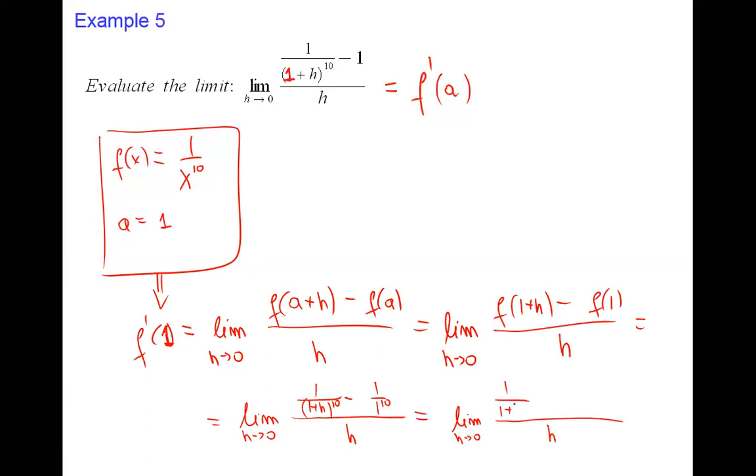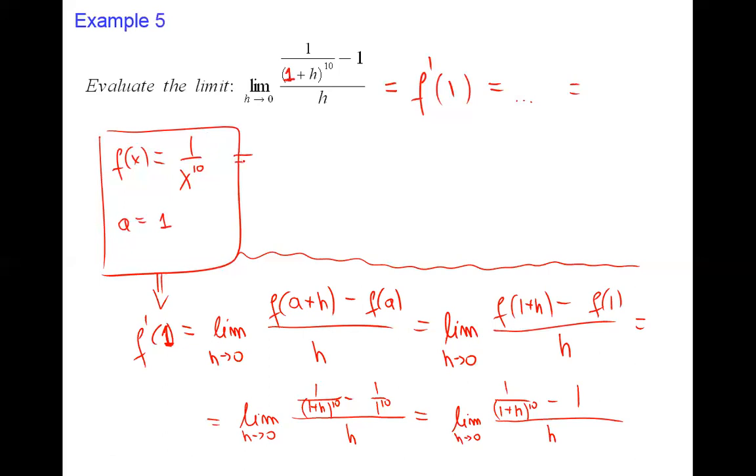Of course, we don't have to write everything. We do have to realize that this limit represents the derivative of the function 1 over x to the power of 10 at 1.